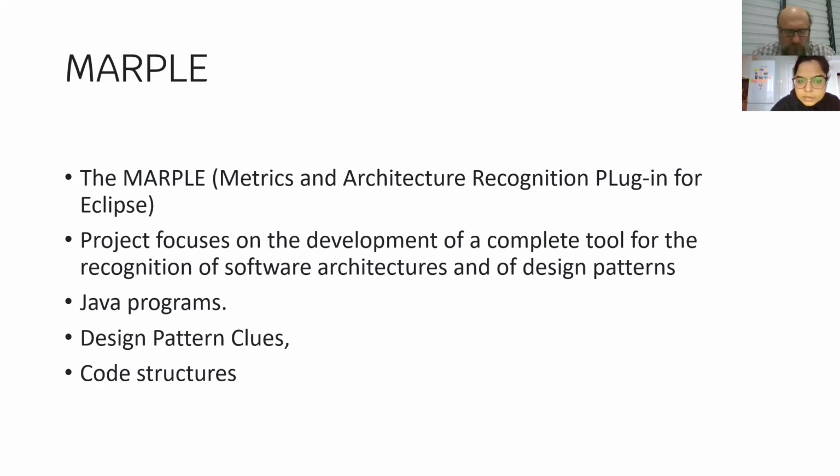And we can simply use it in our Eclipse. We can install the library, run it on our project, and it will tell what kind of patterns we used. So they also used the same thing, and there was nothing new done. And most importantly, it was only done on five design patterns.